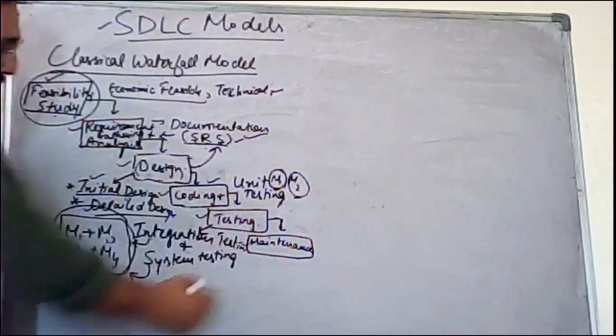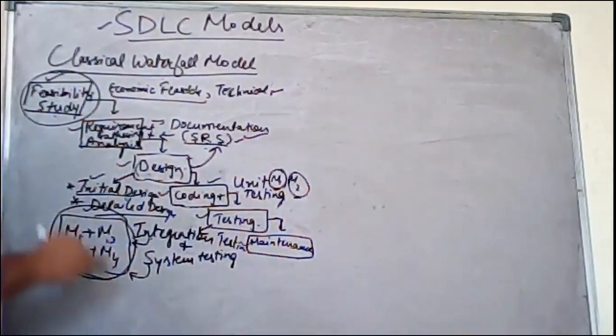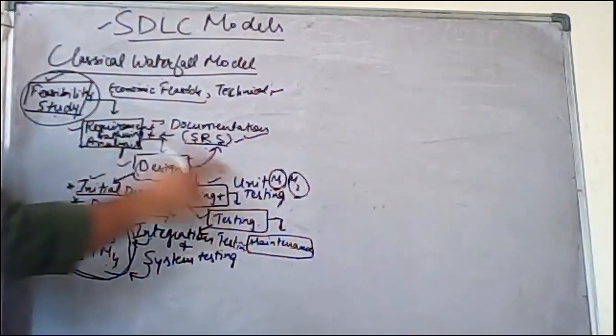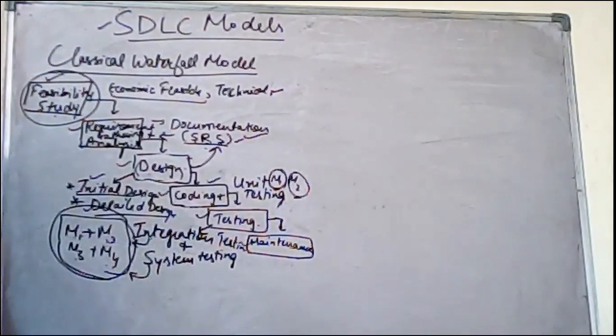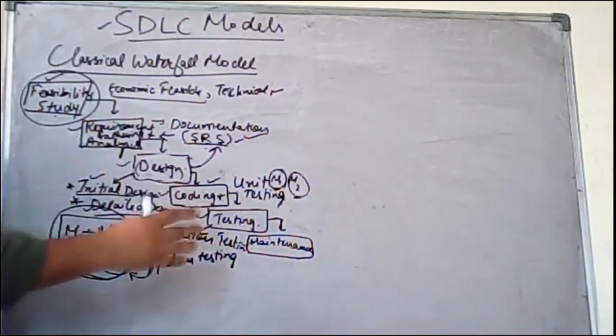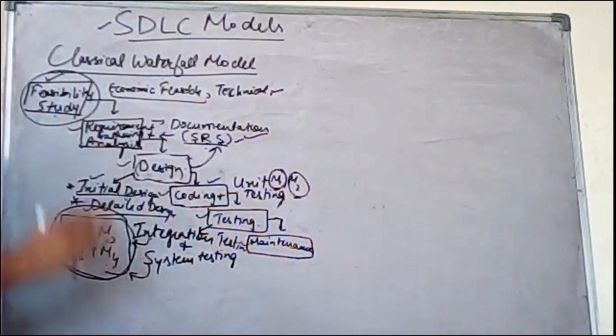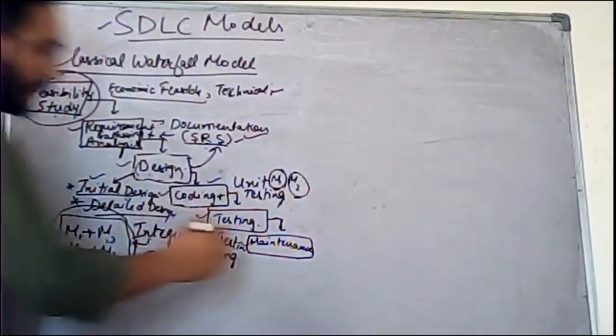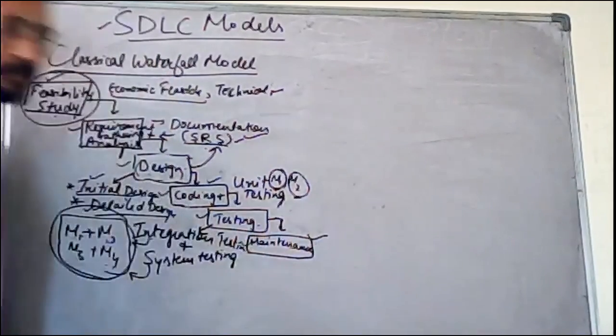After completing all of these, unit testing, integration testing and system testing, we will deploy our product. Deploy means we will hand over that software to the customer, to the users, so they can use it. Then the last phase is maintenance.